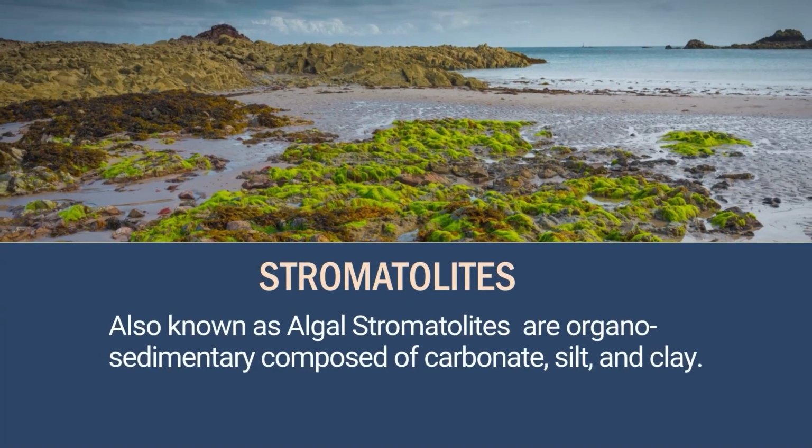Then another important structure, which is very common and of great use in stratigraphy, is called stromatolite. They are also known as algal stromatolites, and they are organo-sedimentary structures composed of carbonate, silt and clay.